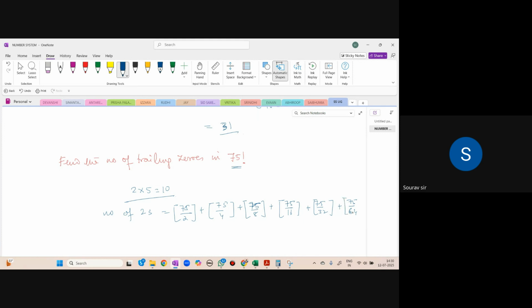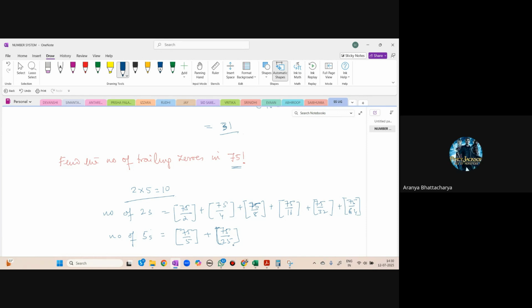This will give you the number of 2s. And the number of 5s will be 75 by 5 plus 75 by 25. So the number of 5s will be less.